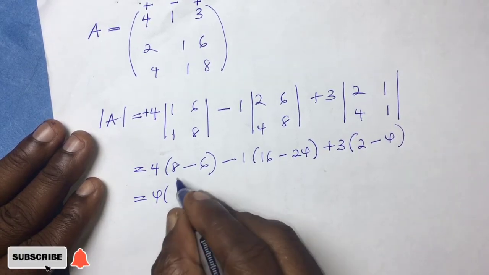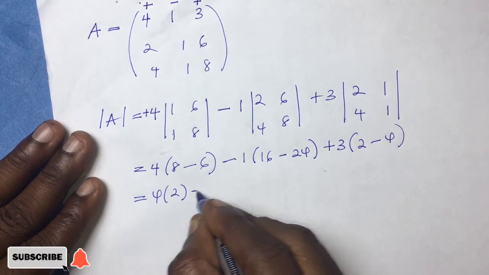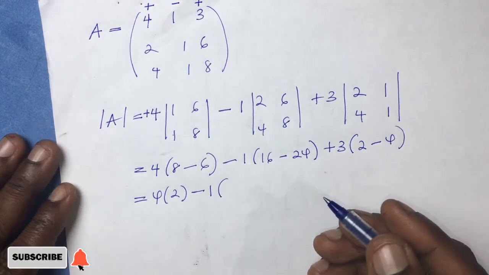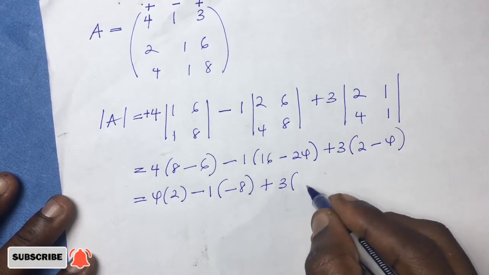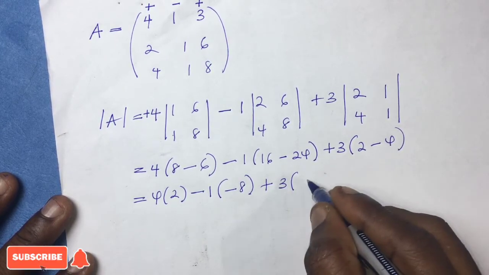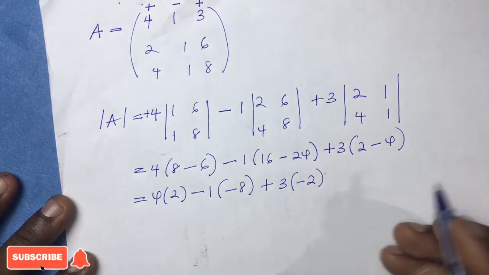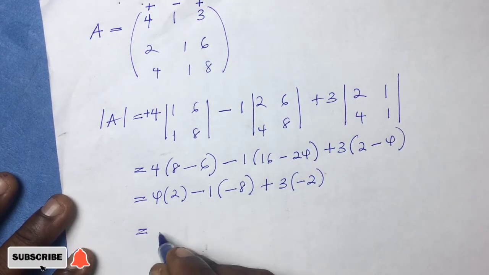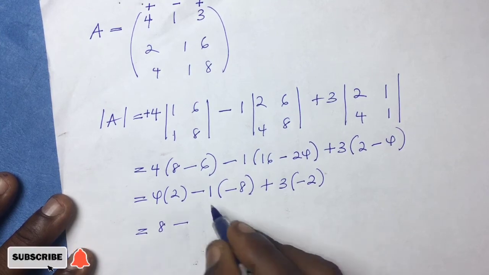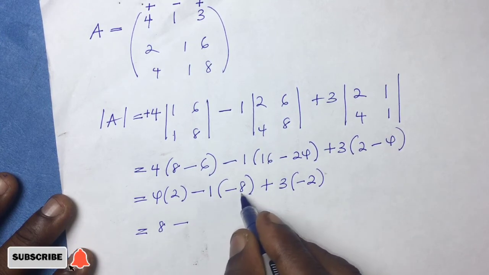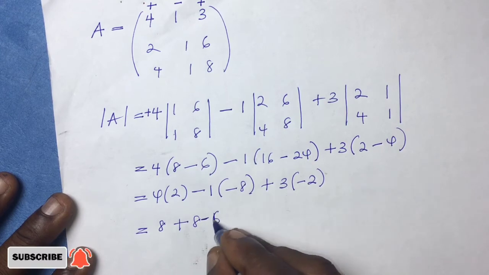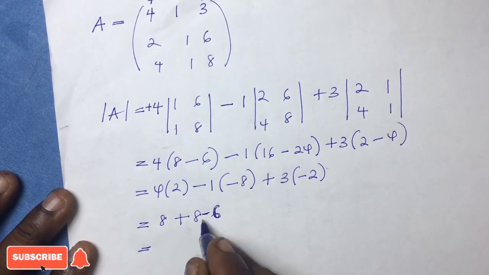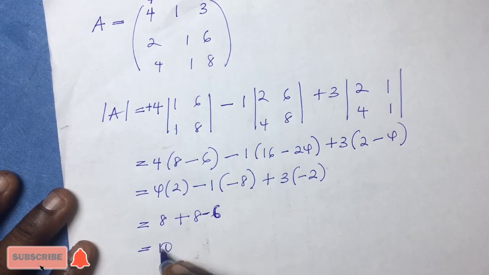So this will be 4 times, 8 minus 6 is 2, minus 1 times, 16 minus 24 is minus 8, then plus 3 times, 2 minus 4 will be minus 2. So that gives you 4 times 2 is 8, minus 1 times minus 8 gives plus 8, then plus 3 times minus 2 gives minus 6. So 8 plus 8 is 16, 16 minus 6 gives you 10.